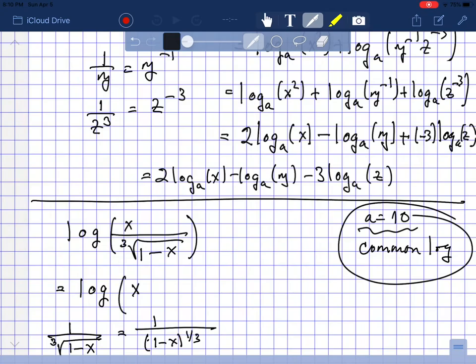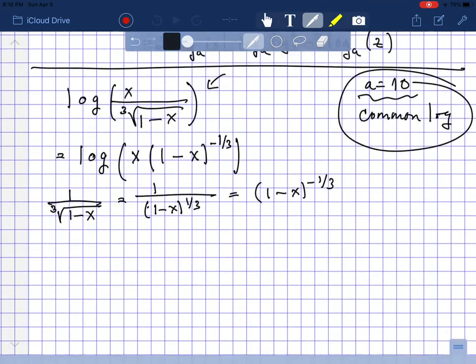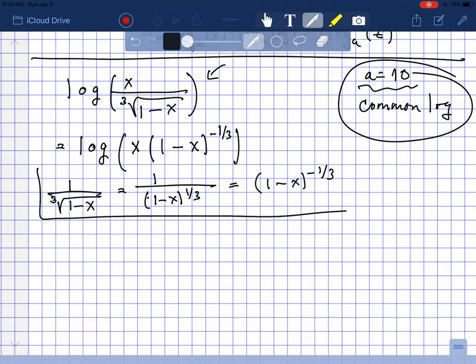Well, this is equal to 1 over 1 minus x to the 1/3 power. And this in turn is equal to 1 minus x to the minus 1/3 power, right? So I'm going to write this expression as the log of x times 1 minus x to the minus 1/3 power, all right?